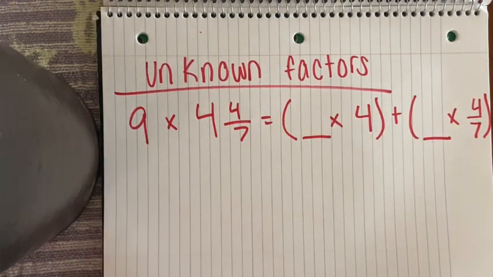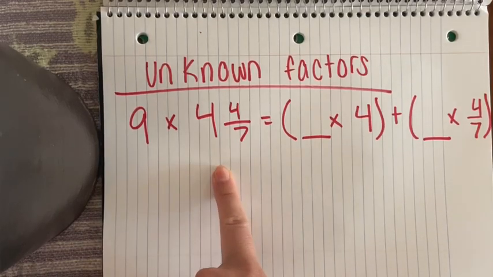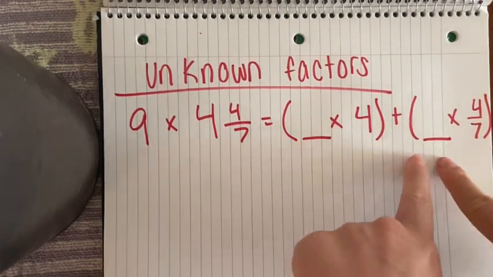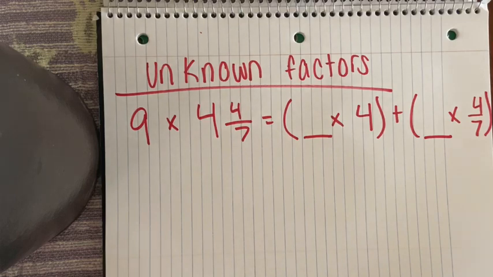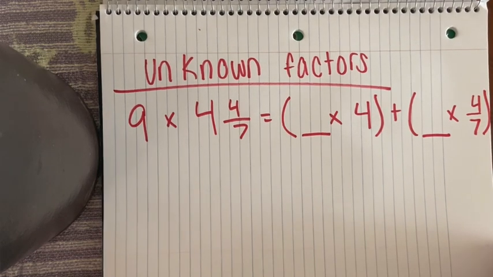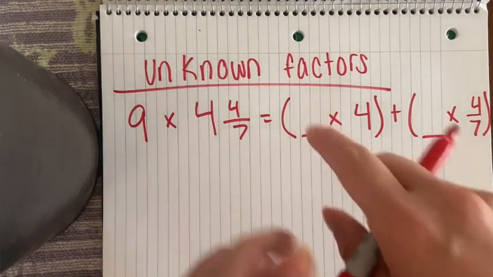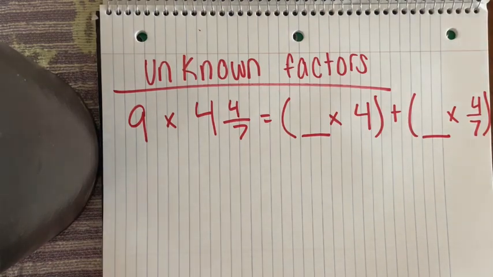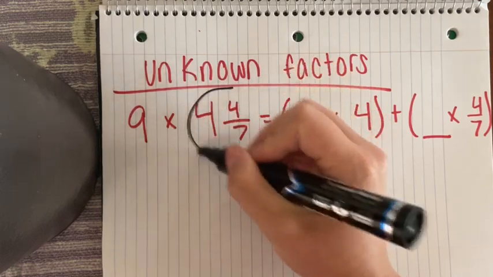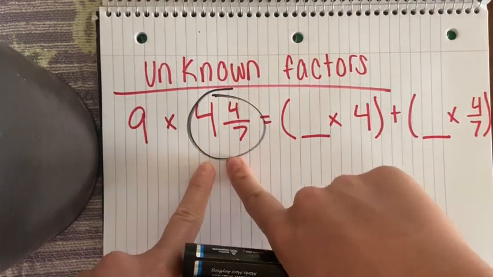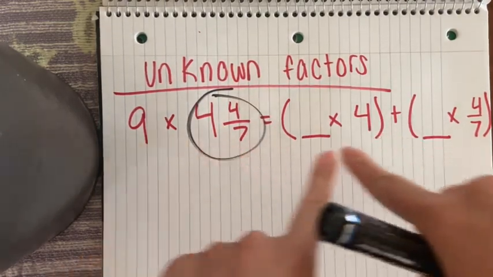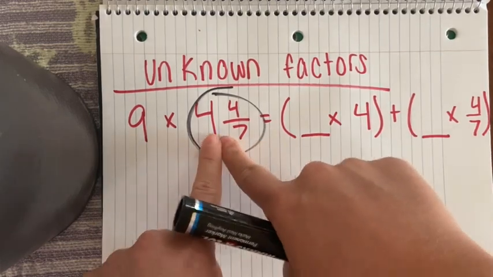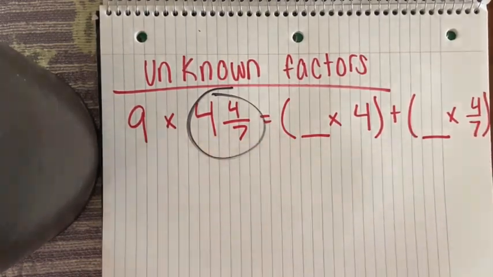We have the multiplication sentence 9 times 4 and 4/7, and we want to find out what is going to go into these blanks. When we use the distributive property, we know that we're splitting apart the mixed number. We've split the 4 and put it in this bracket, and we split the 4/7 and put it in this bracket.